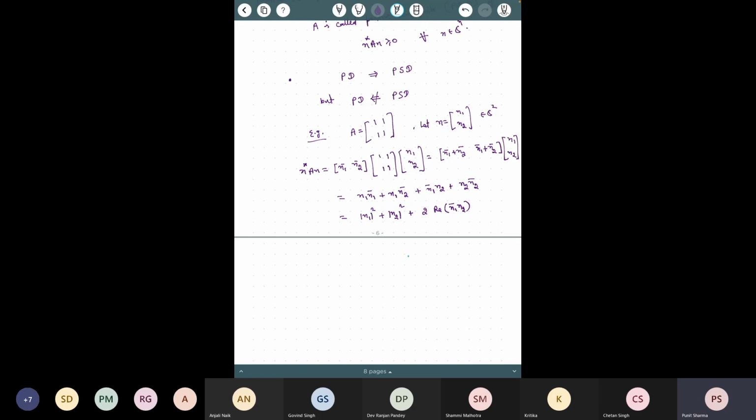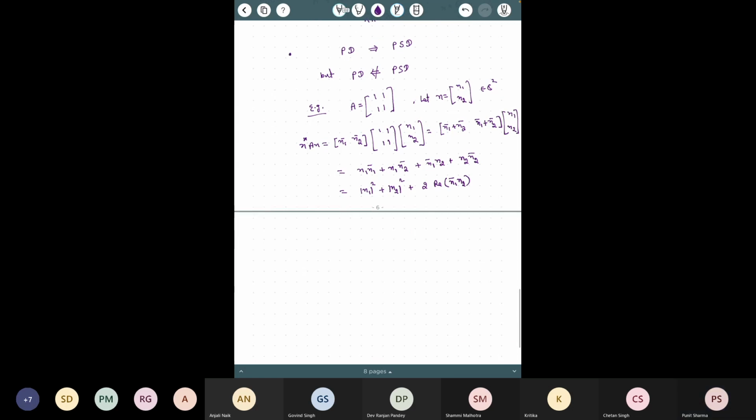Can we add or subtract something so that it is easy to see that the right hand side is non-negative?